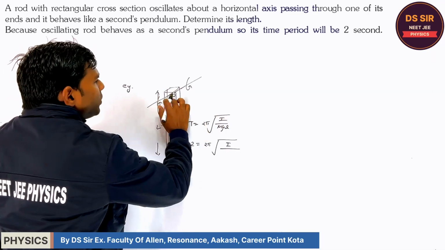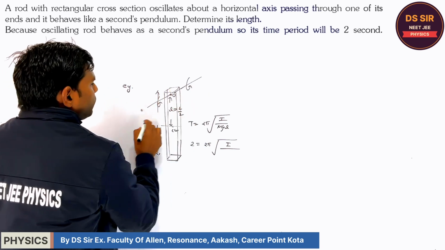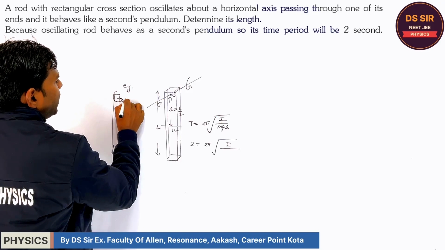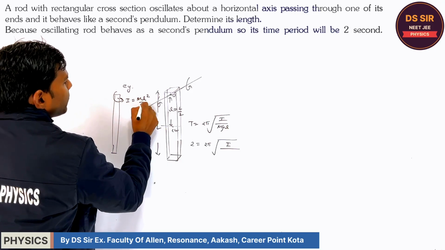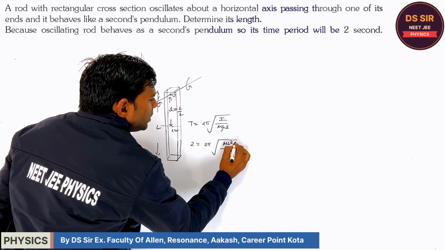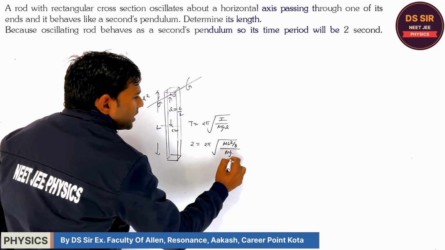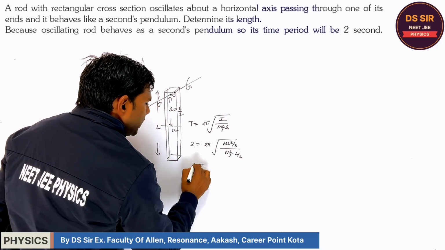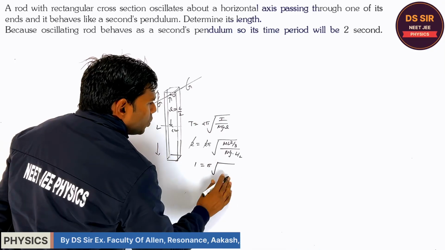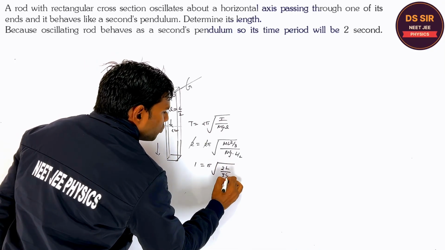And what is the moment of inertia of the rod about one end? Yes, about one end the moment of inertia is ml square by 3. So put the value of I, ml square by 3, mg, and l is capital L by 2. Then 2 will cancel out, 1 upon pi root over 2L. If you simplify, it is 2L upon 3g.